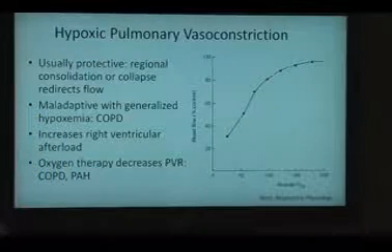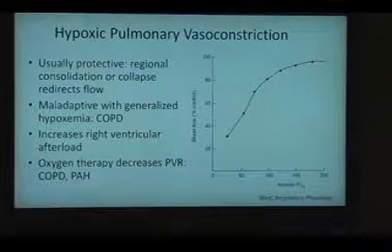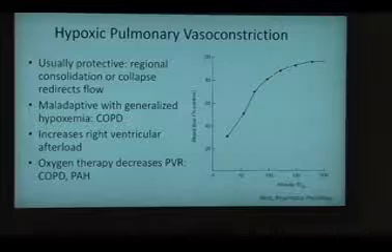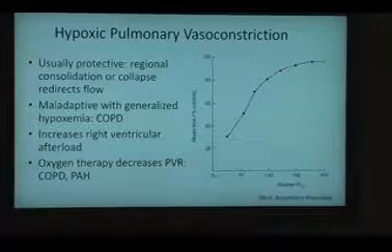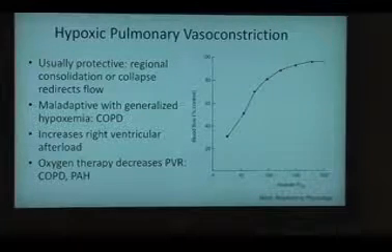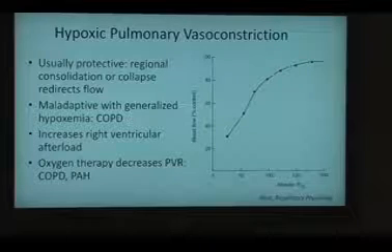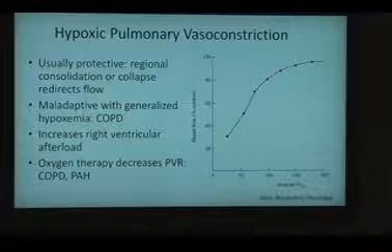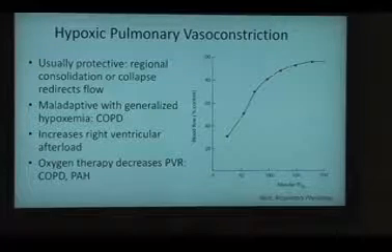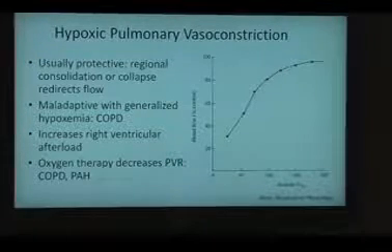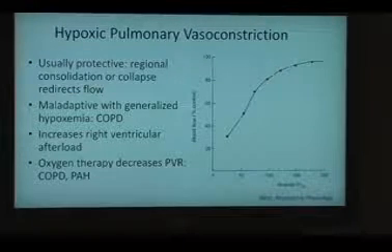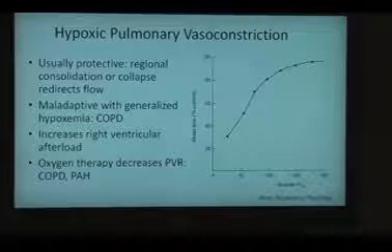However, it is maladaptive if there is generalized hypoxemia, such as in patients with COPD. Patients with COPD typically have pulmonary arterial hypertension, and that is worsened by hypoxemia. In fact, an indication for oxygen therapy, or a reason for administering oxygen chronically in patients with COPD, is to improve their pulmonary vascular resistance.